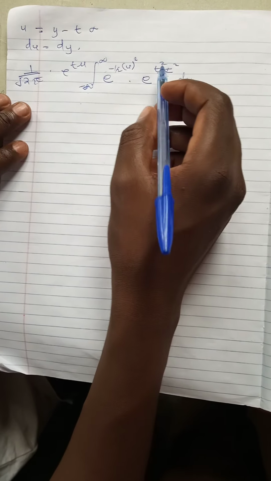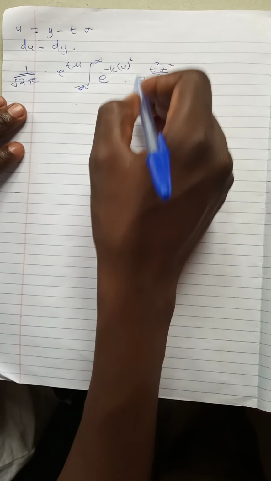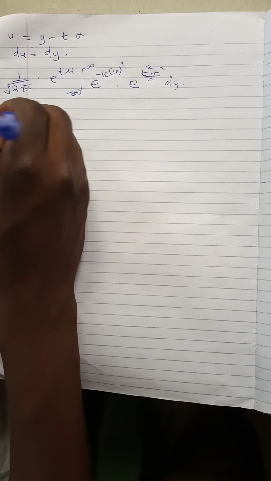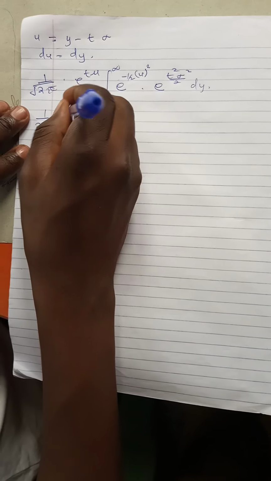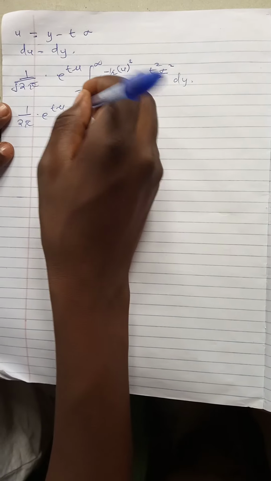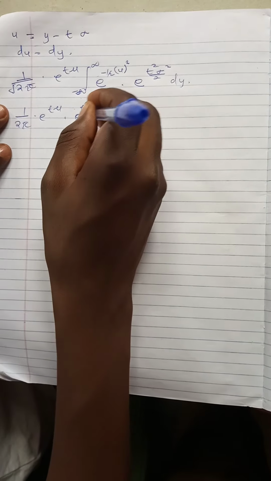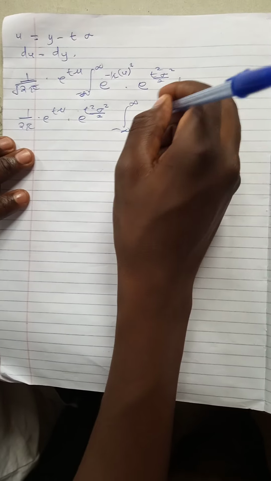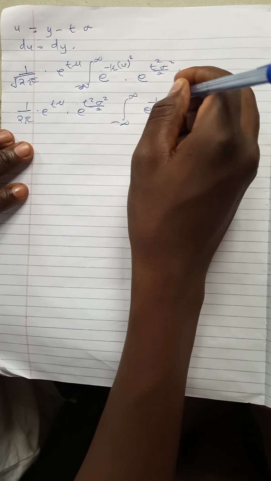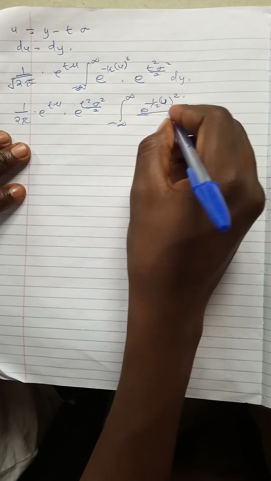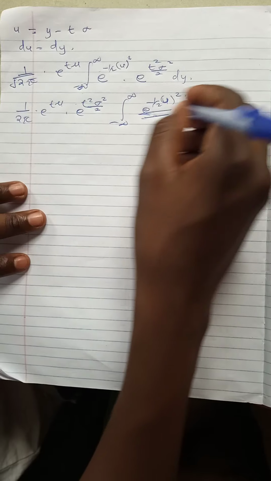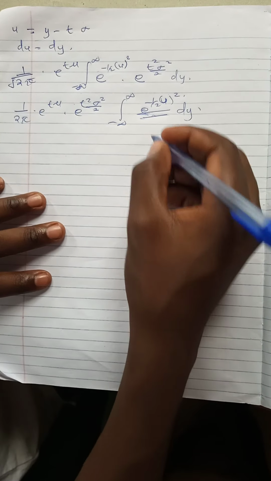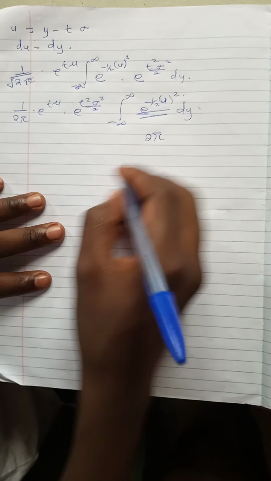Because this one also is a constant, it will come outside the integral sign. So I'll have 1 over root 2 pi multiplied by e^(t mu) multiplied by e^(t squared sigma squared over 2), the integral from negative infinity to infinity of e to the negative a half u squared. Whenever we integrate this one, the answer will always become root 2 pi.